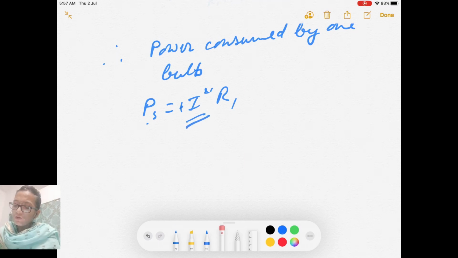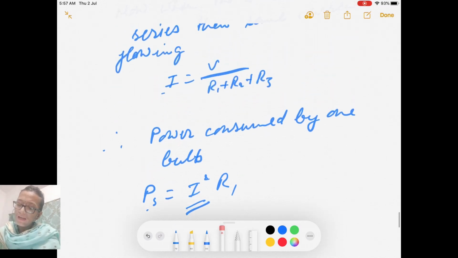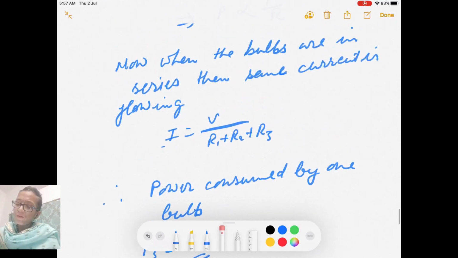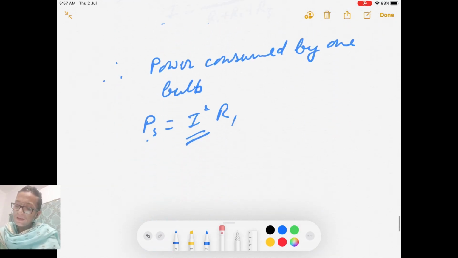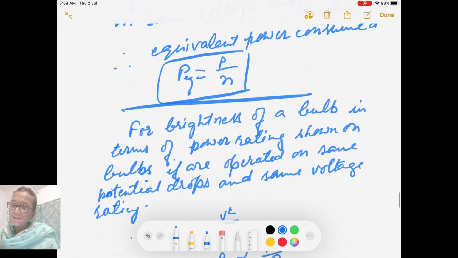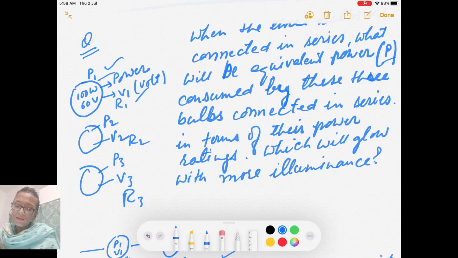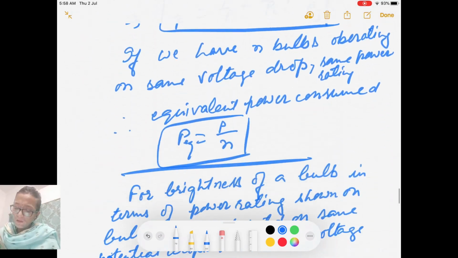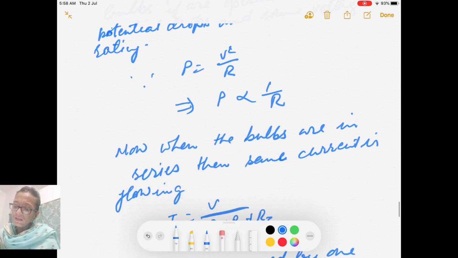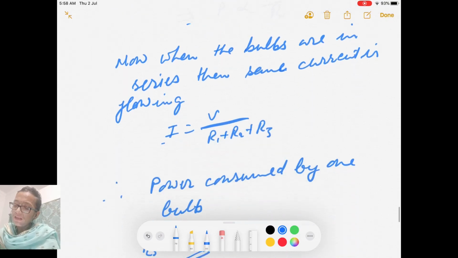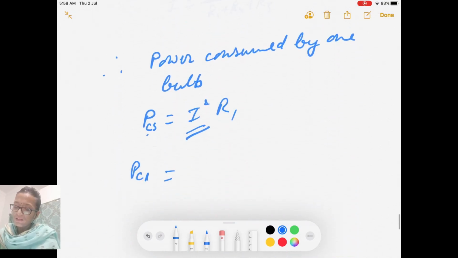This I is constant because the bulbs are connected in series. Now let us see how the power consumed at one bulb is related to resistance. Since resistance is not mentioned, the mentioned thing is power only, so we'll find the resistance in terms of power, and resistance is inversely proportional to the power rated.